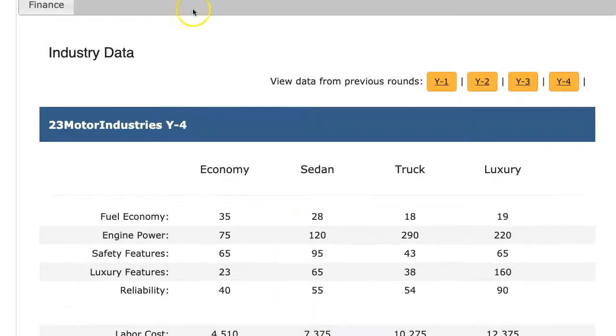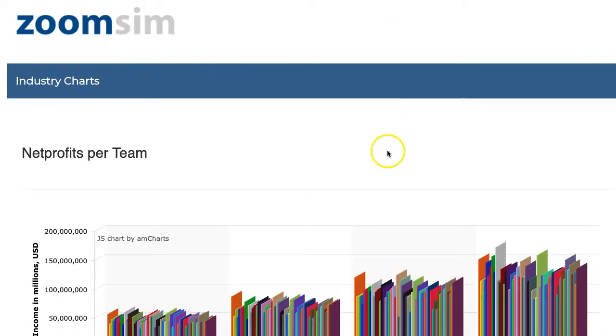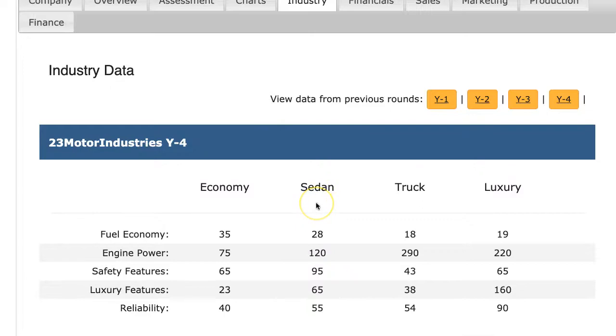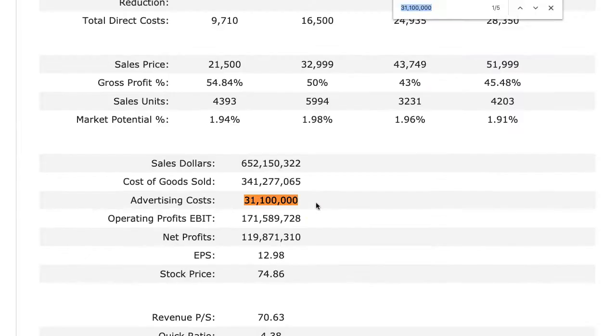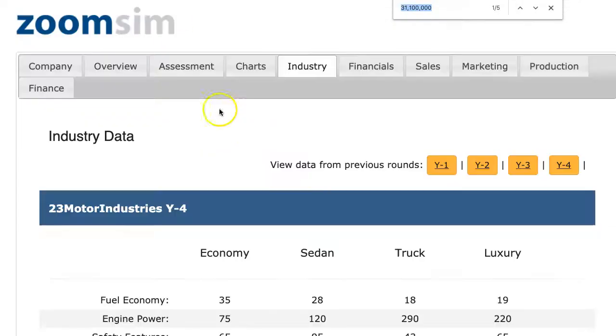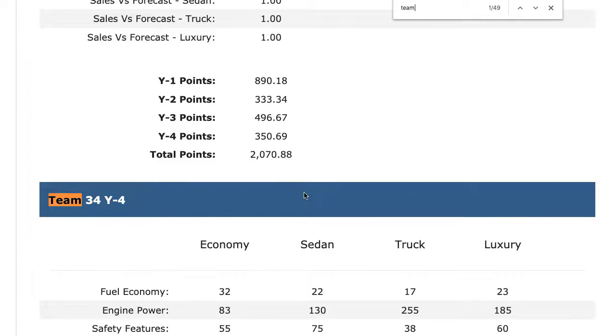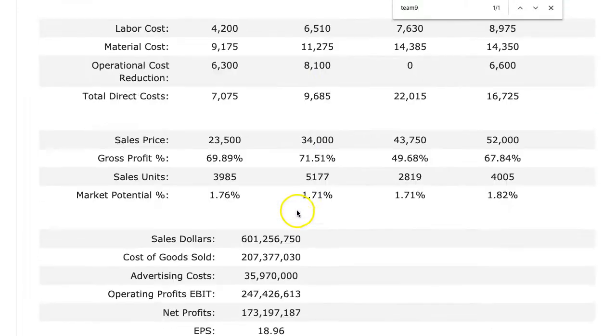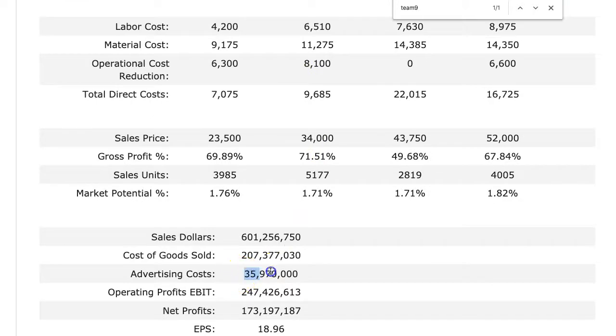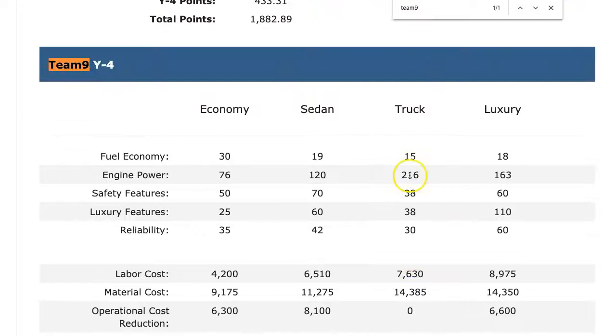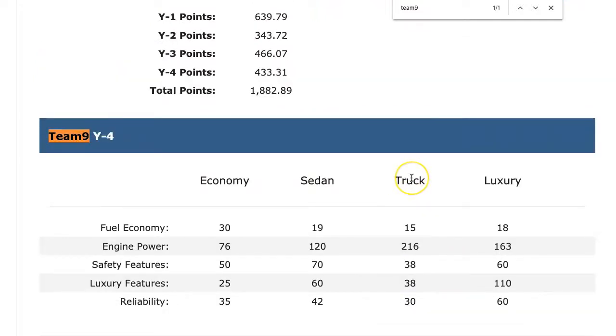So I might go in and say this company, Team 9, is number 1. I might do a search for Team 9, and I might see, okay, they spent $35 million in advertising. This is their market potential, and I might want to look at my company.